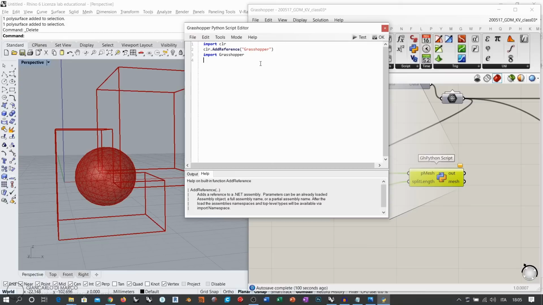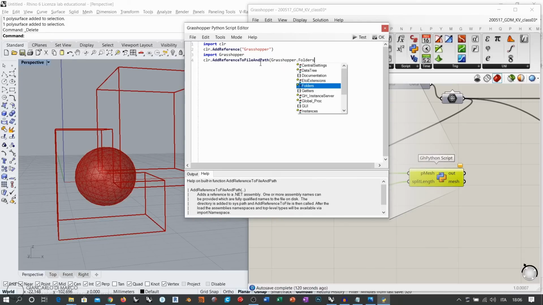So this is going to be something very boring, but you have to clr.AddReference, add reference to file and path, and this is going to be Grasshopper.Folders.DefaultAssemblyFolder plus the name of the file that we want to import.